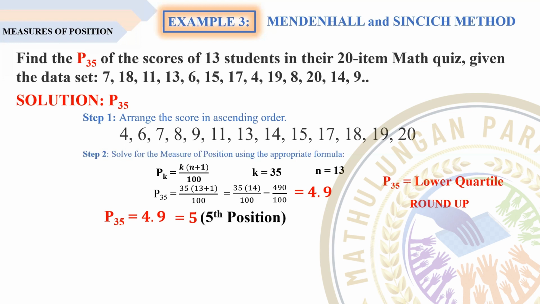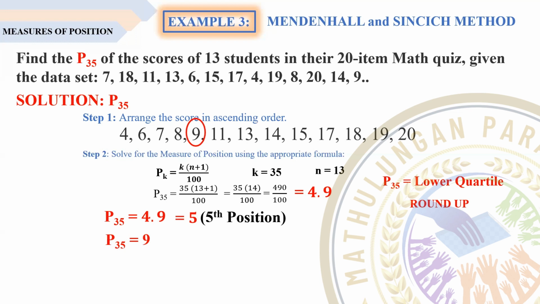So, bilang na tayo ng until 5th position dun sa ating data sa step 1. So, 4, which is to serve as the first position, 6, 7, 8, and 9. So, 9 is our 5th position. Therefore, the value of the 35th percentile is equal to 9.